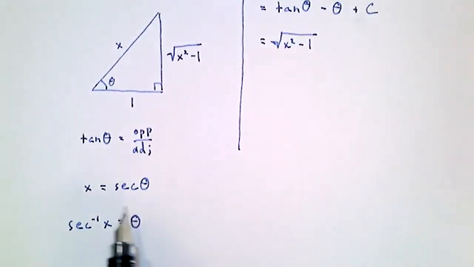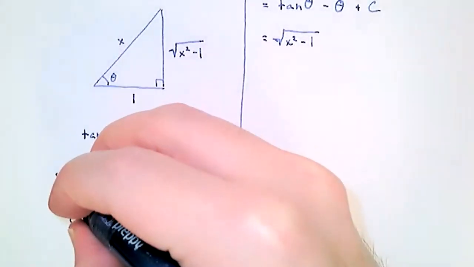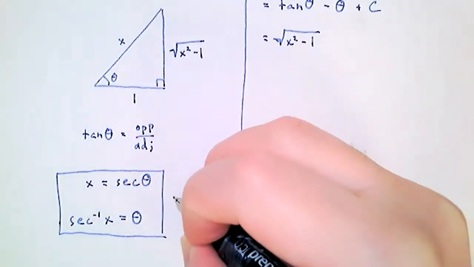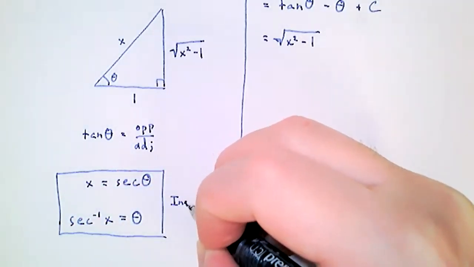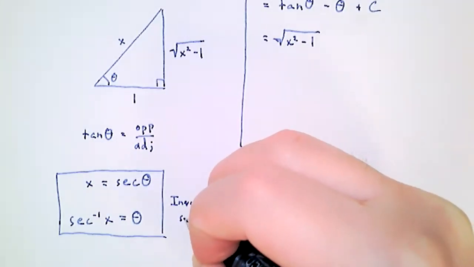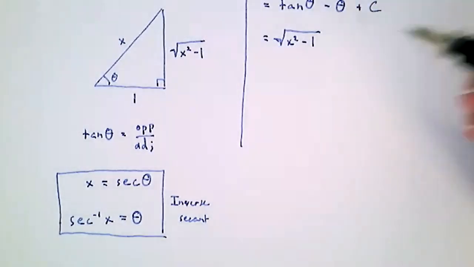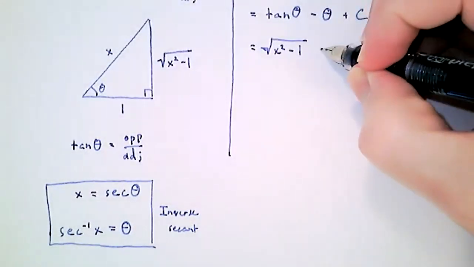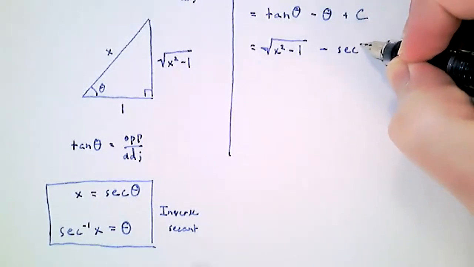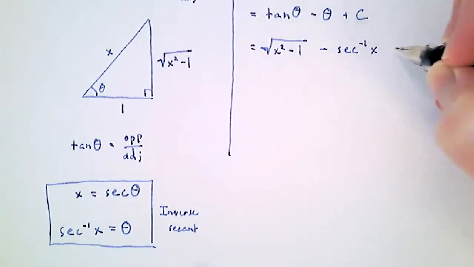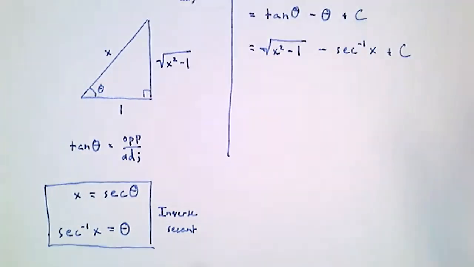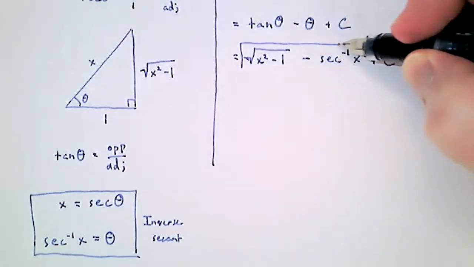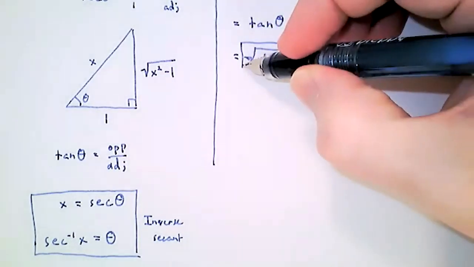So just use the inverse function here. And that gives us theta. So we actually have a minus secant inverse, or arcsecant, of x in our answer. And that's where we can stop, finally. That'll be our solution.